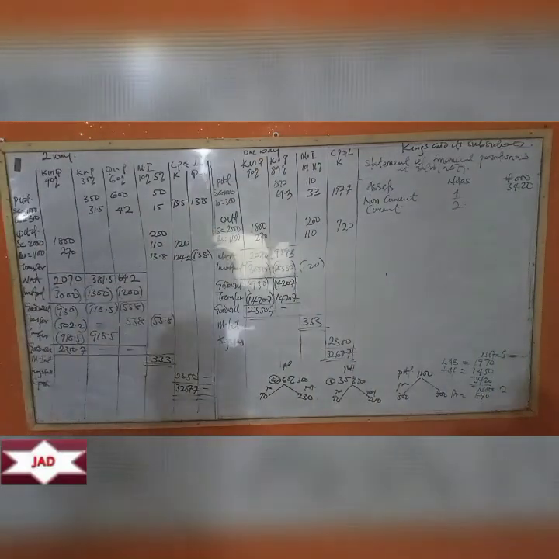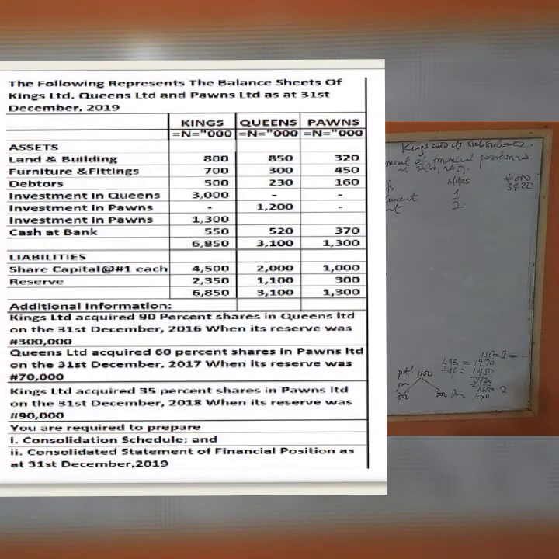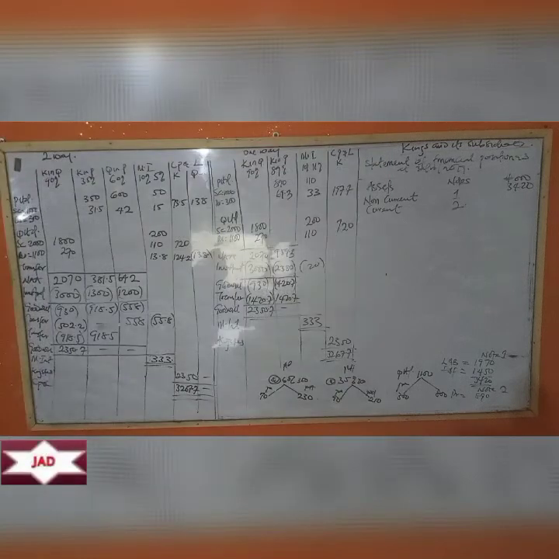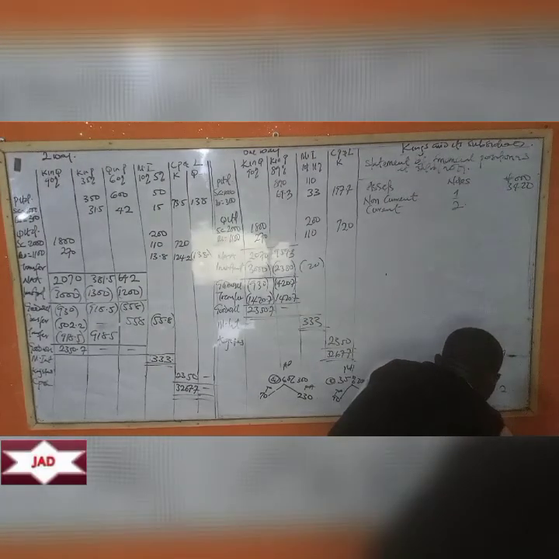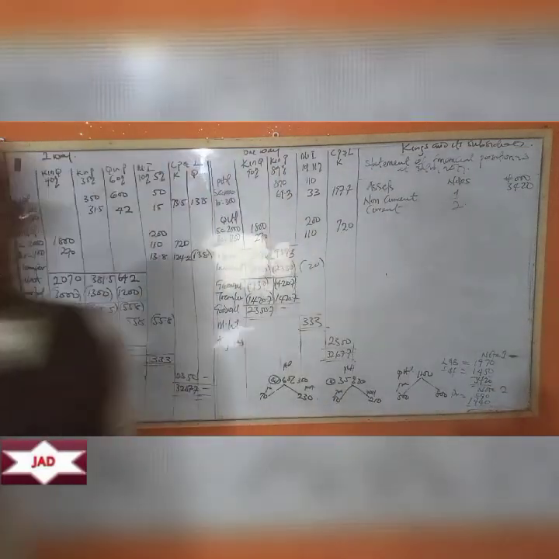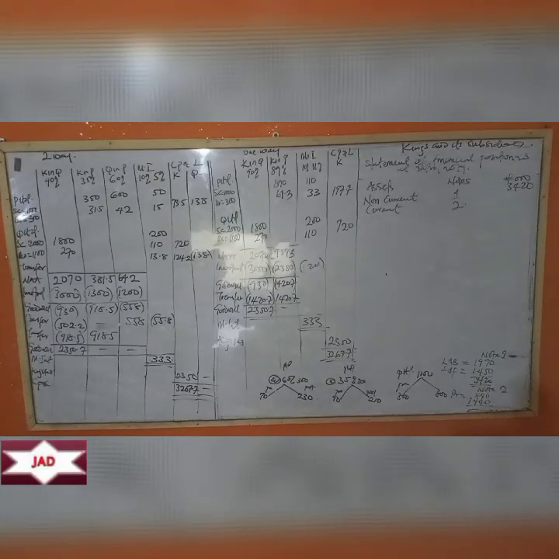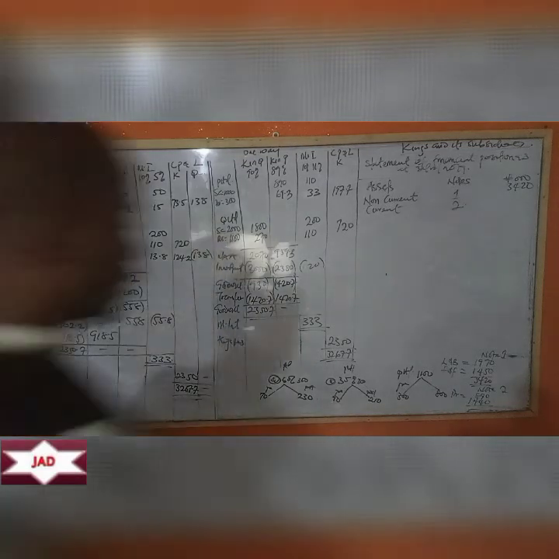Bank, we have 550 plus 520 plus 370. 1440. So when we add up 890 plus 1440, 2330.